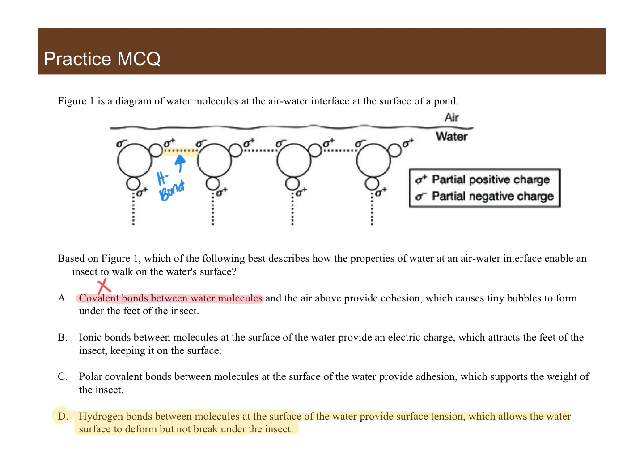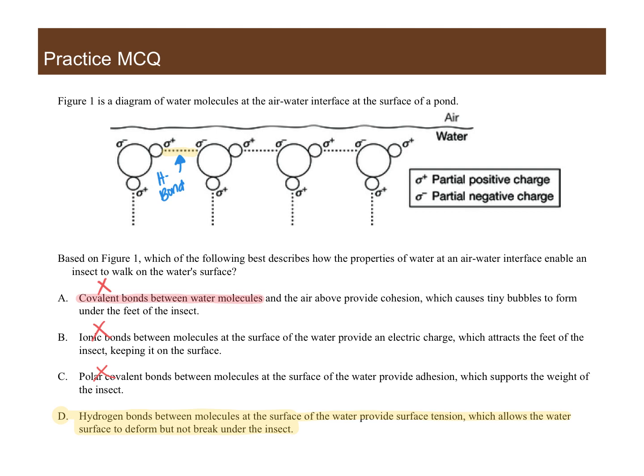Now, in chemistry, you learned that ionic bonds are going to form between metals and nonmetals, so that is also not a valid choice. For letter C, it says polar covalent bonds between molecules at the surface. And right there, I can stop reading because, again, it is not polar covalent bonds between the molecules. The polar covalent bonds are found within one water molecule, in other words, between the two H's and the O, not between entire molecules.